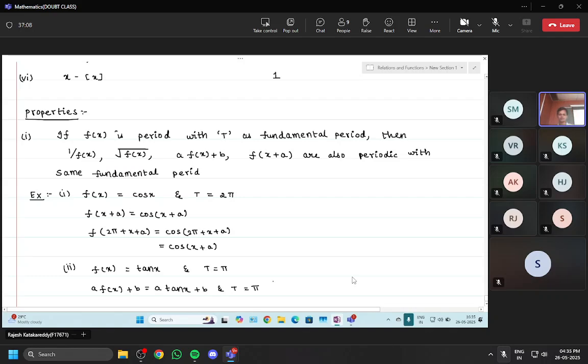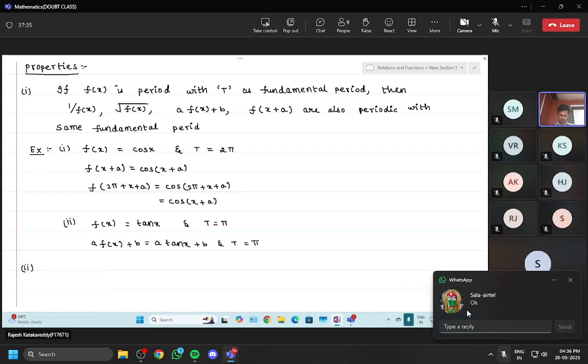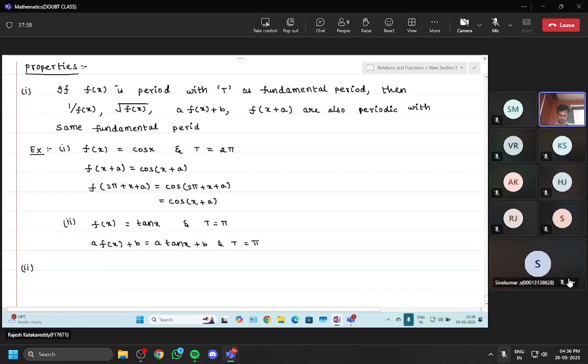This is property number 1. Copy this one. Copied.